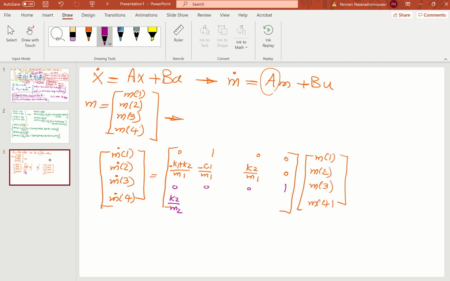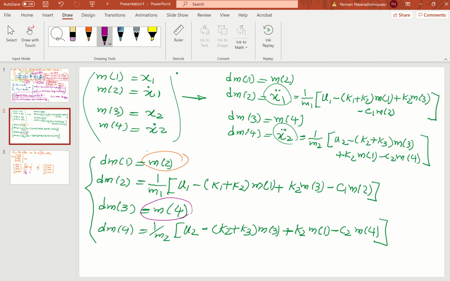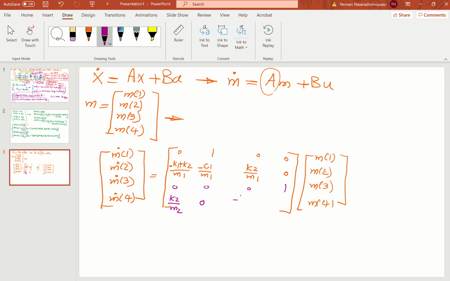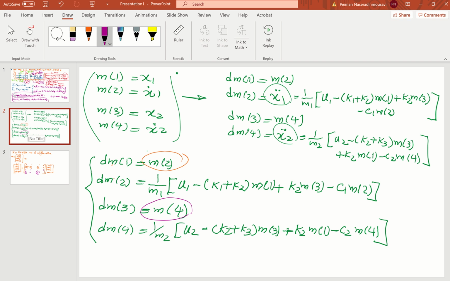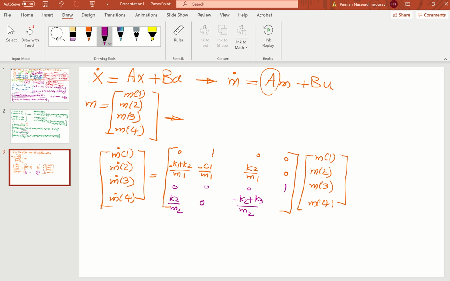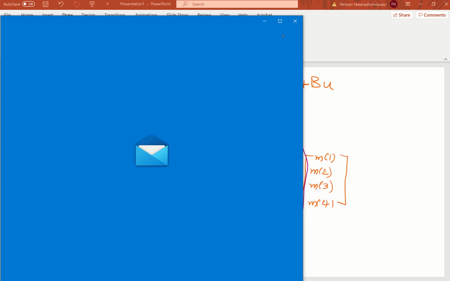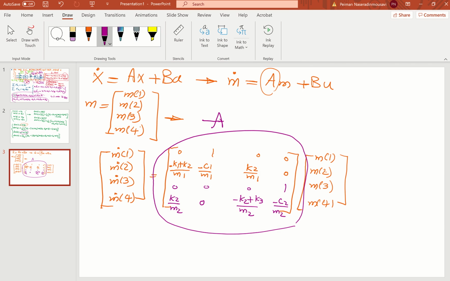No, here gonna be 0. And 3, yes: minus k2 plus k3 over m2. 4, yes: minus c2 over m2. This is your A matrix.